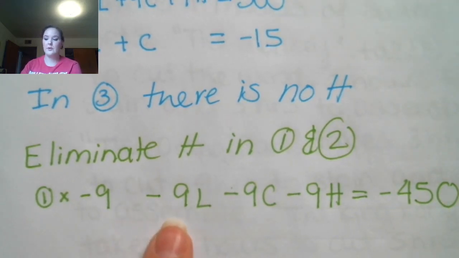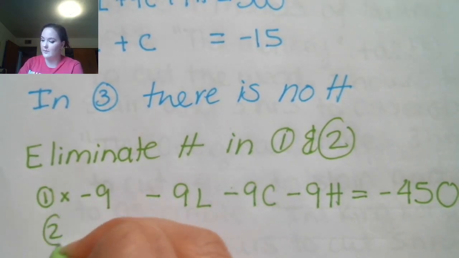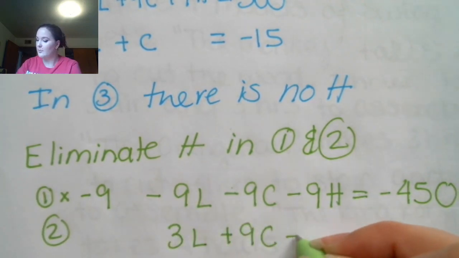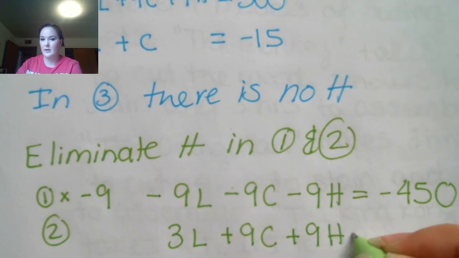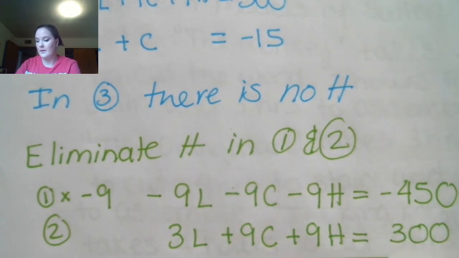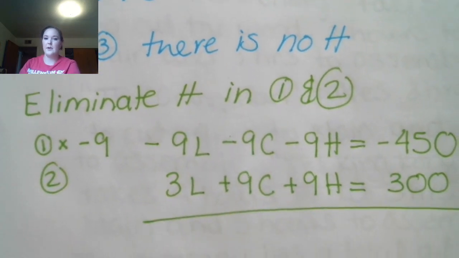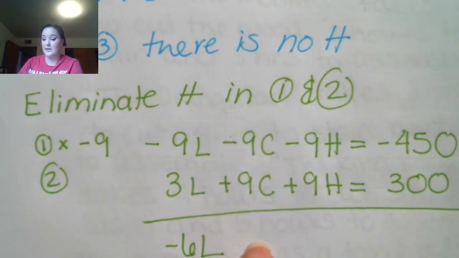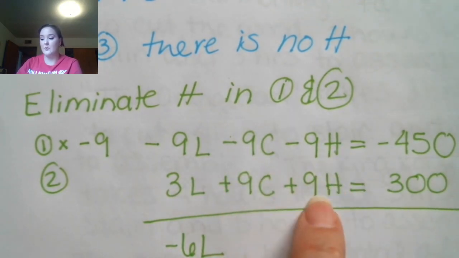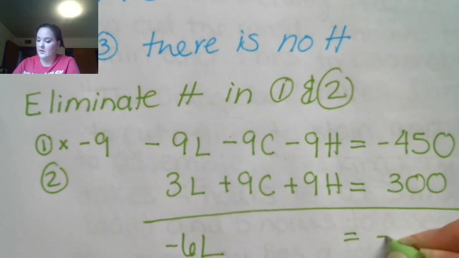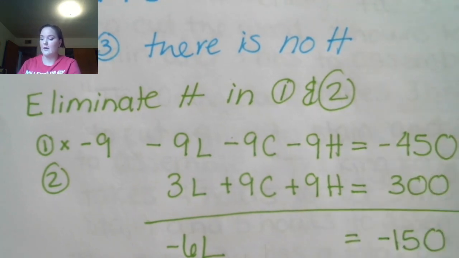And then I'm going to just copy down equation 2, which was 3L plus 9C plus 9H equals 300. Here I'm going to add them together. Negative 9L plus 3L is negative 6L. Negative 9C plus 9C is 0. Negative 9H plus 9H is also 0. And negative 450 plus 300 is negative 150.